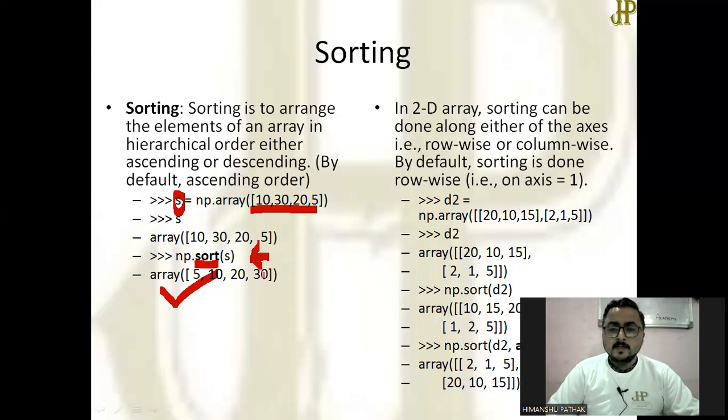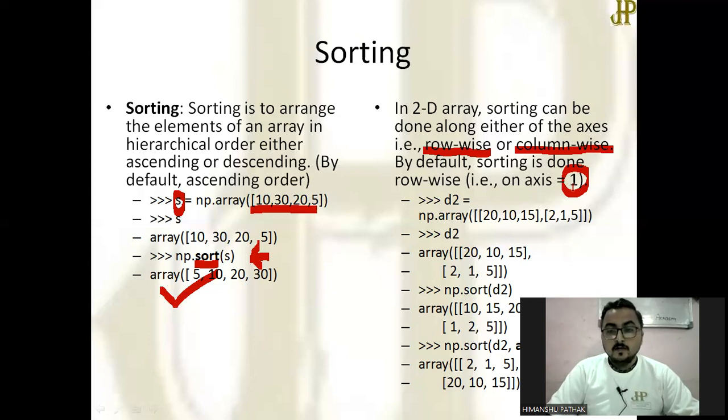Now there is some tricky situation with a 2D array. In a 2D array, sorting can be done along either of the axes. Either you can do the sorting row wise or you can do the sorting column wise. If you supply value 1 as axis, it means row wise, and if axis is equal to 0, then sorting should be done column wise.